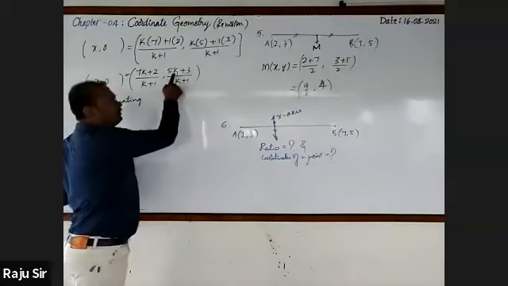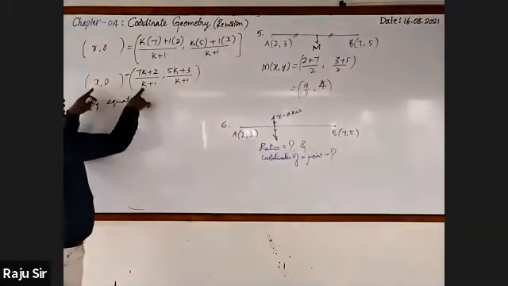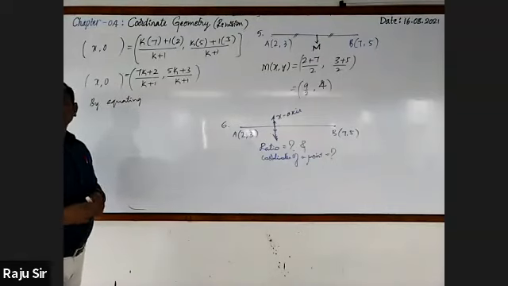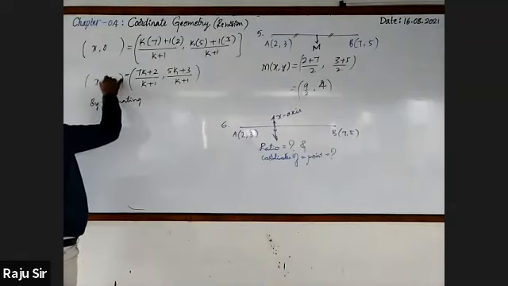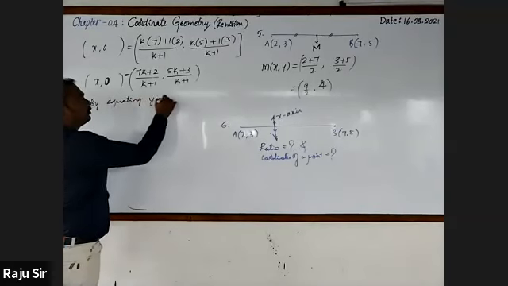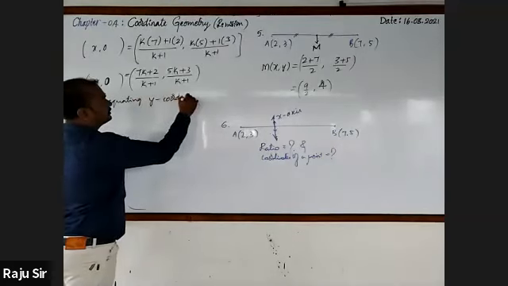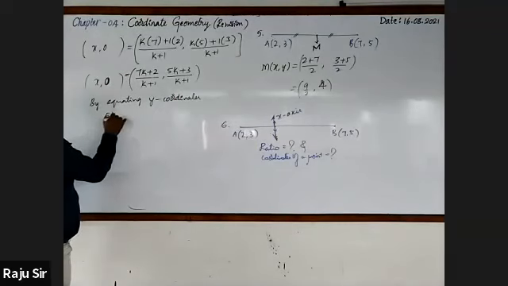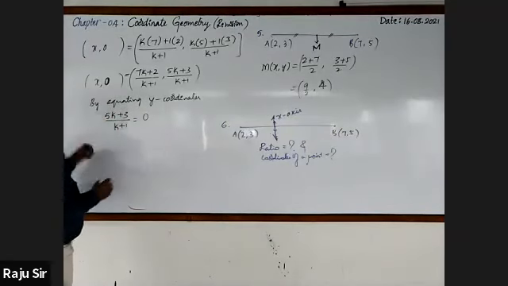But ನೀವು x coordinate ತಗೊಂಡ್ರೆ ನಮಗೆ k ನು ಗೊತ್ತಿಲ್ಲ x ನು ಗೊತ್ತಿಲ್ಲ. So that is why we will go for taking the y coordinate. By equating y coordinates, we can write (5k plus 3) by (k plus 1) equal to 0.